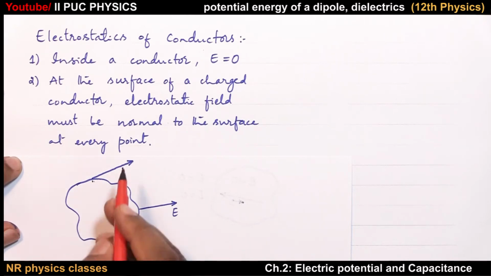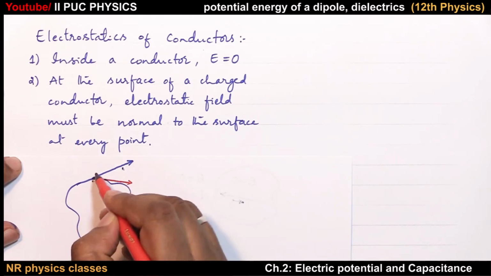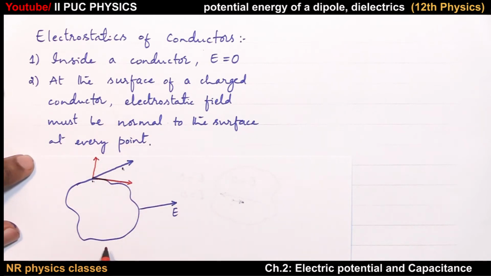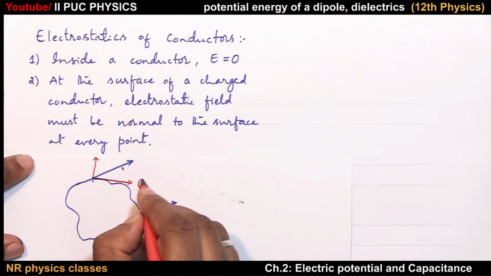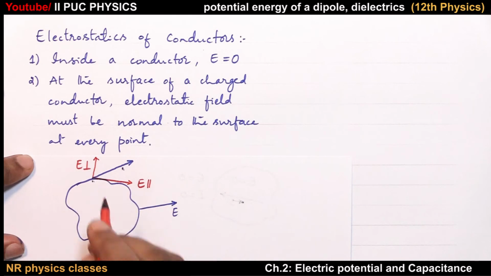Now resolve this electric field into two components. One parallel to the conductor, second perpendicular to the conductor. If this is parallel component, let me write E parallel, and this is E perpendicular.